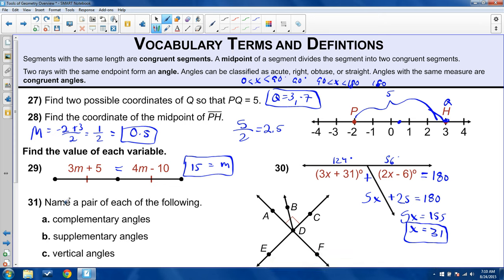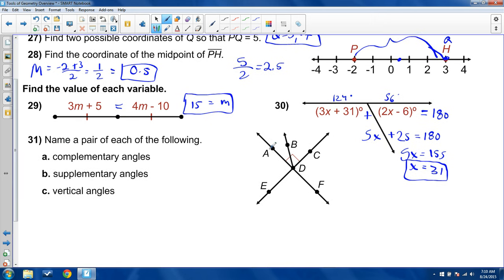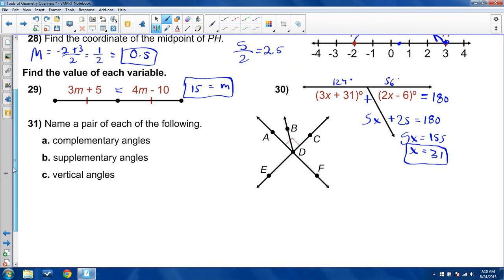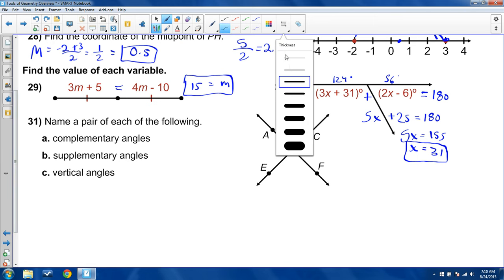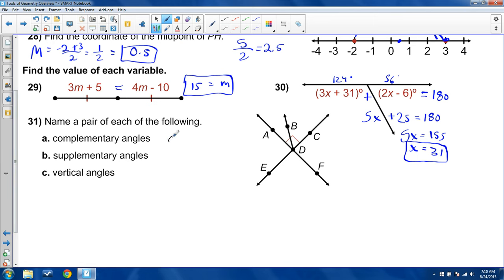Number 31, name a pair of each of the following. Okay, so using this diagram here, let's name some pairs of complementary angles, supplementary angles, and vertical angles. Complementary angles are angles that add to 90 degrees. Supplementary angles are angles that add to 180 degrees, as we just talked about.